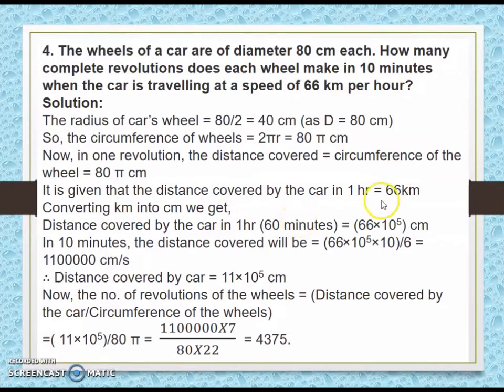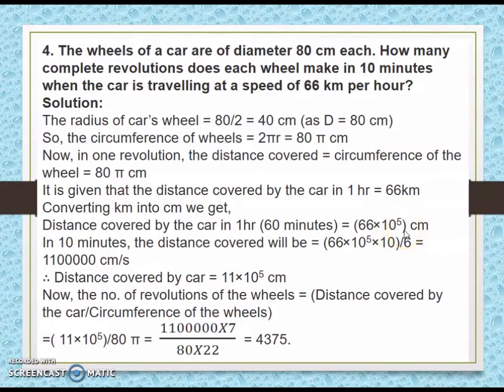So 66 kilometers it has covered in 1 hour. Now 1 hour has got 60 minutes. So in 60 minutes, the car has covered this much distance, 66 into 10 raised to the power of 5 centimeters, after converting 66 kilometers into centimeters.